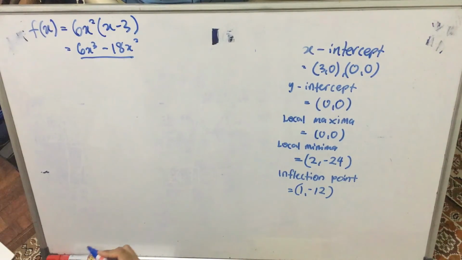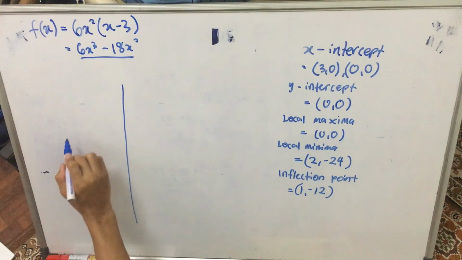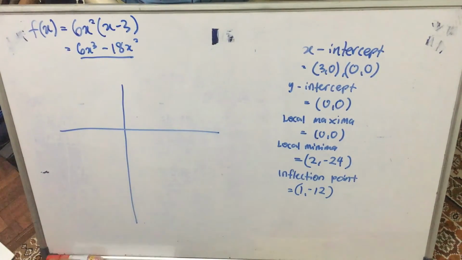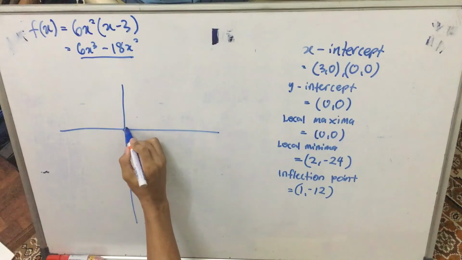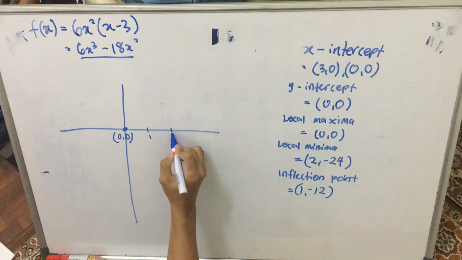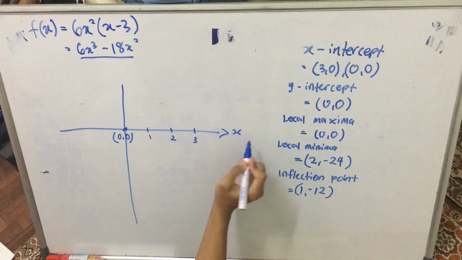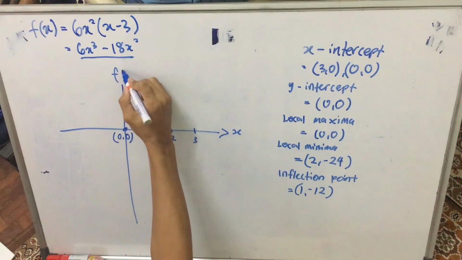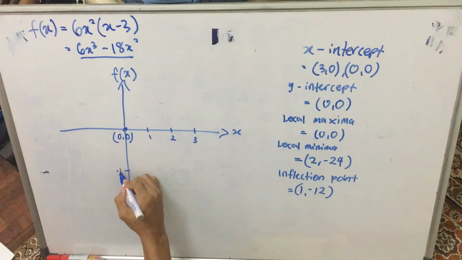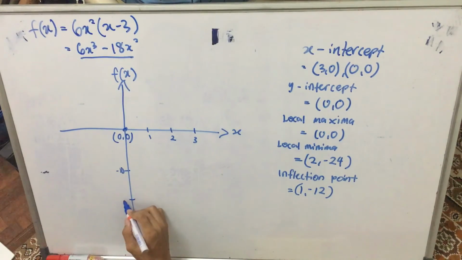So now I'm going to show you how to sketch the graph. Point 0, 0 here. f(x) against x, negative 10 here, and negative 20.